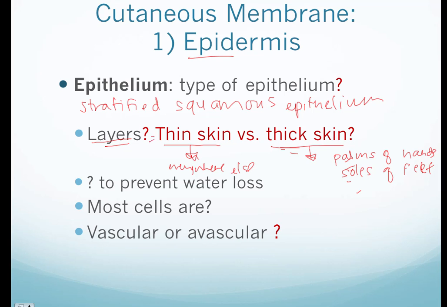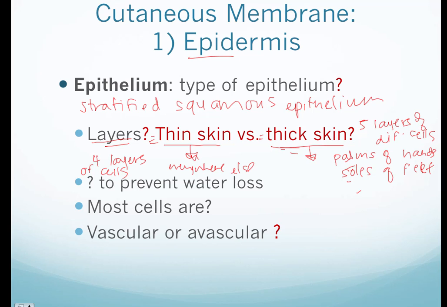Depending on if it's thin or thick skin, it's going to have a different number of layers comprising the epidermis. Thin skin has 4 layers of different types of cells, and thick skin has 5 layers of different cells. Each of these cell types makes up one of these layers.